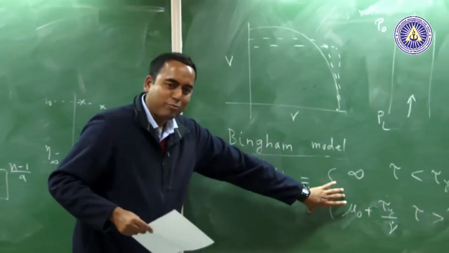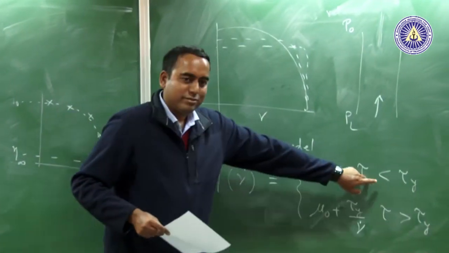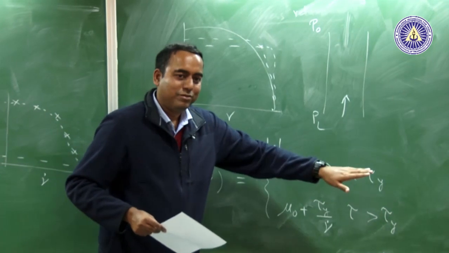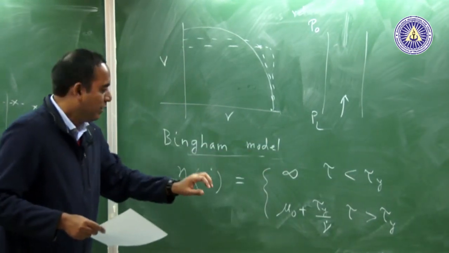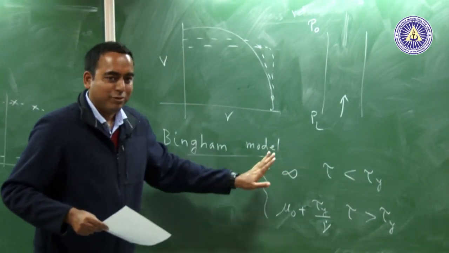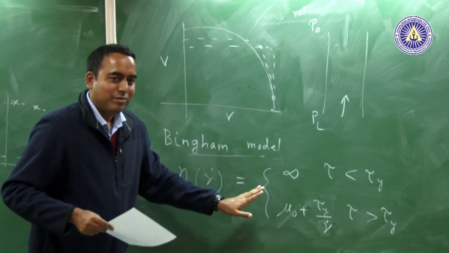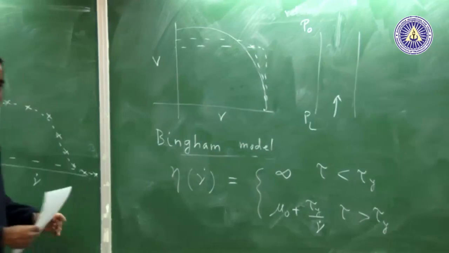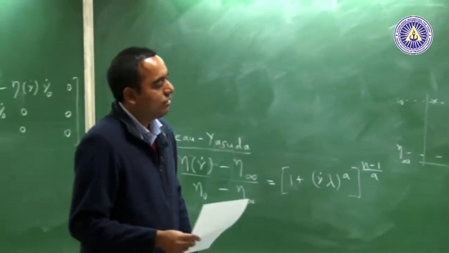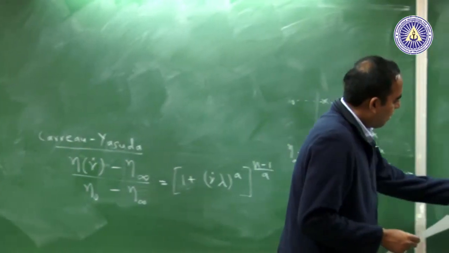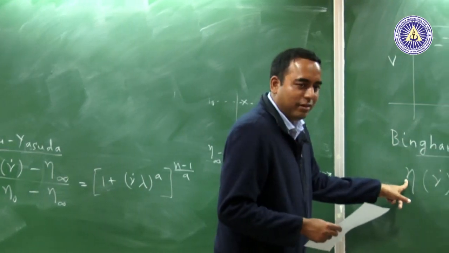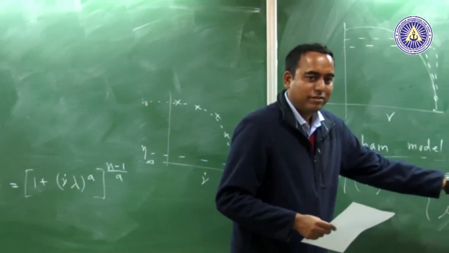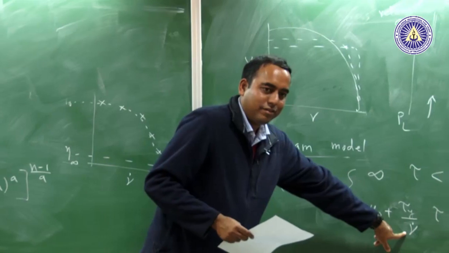Okay, what this Bingham model says is that there is a yield stress. Below the yield stress, the fluid will not flow. Above the yield stress, it flows, but it flows exactly like a Newtonian fluid. So, it is rate independent. But if you take the viscosity and multiply it with the shear rate, then this term would go away.